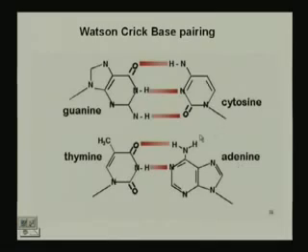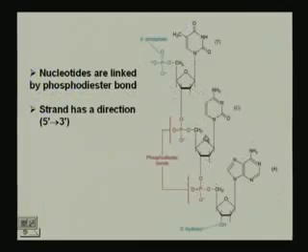Now, if we look at the structure, what is going to happen? When we have T at this position, we are going to have a linking of the T with an A of the other strand. If we have a C here, it links with a G of the other strand.